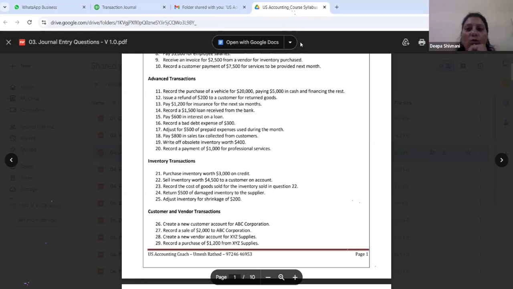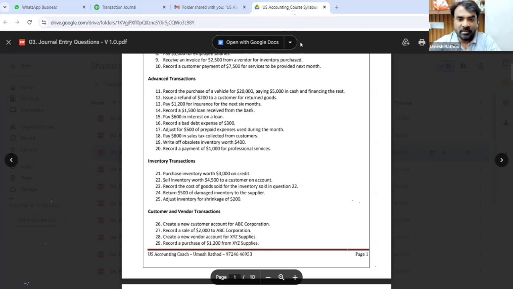You can bring this either into COGS or into inventory adjustment. This is a write-off, and directly or indirectly it is related to your COGS, because you are purchasing goods.